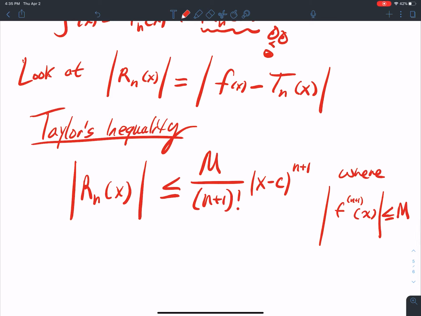Basically, this is the n plus 1 term for your Taylor polynomial. So this is the term right after that last one.